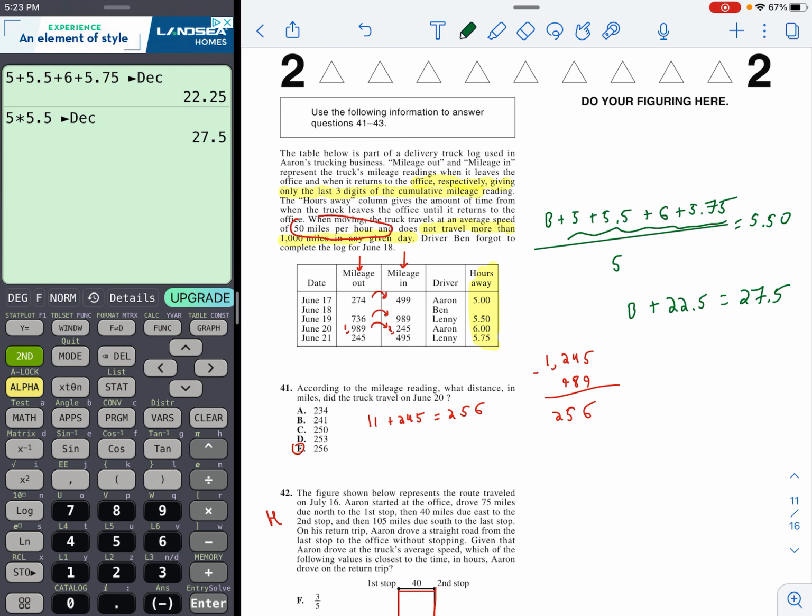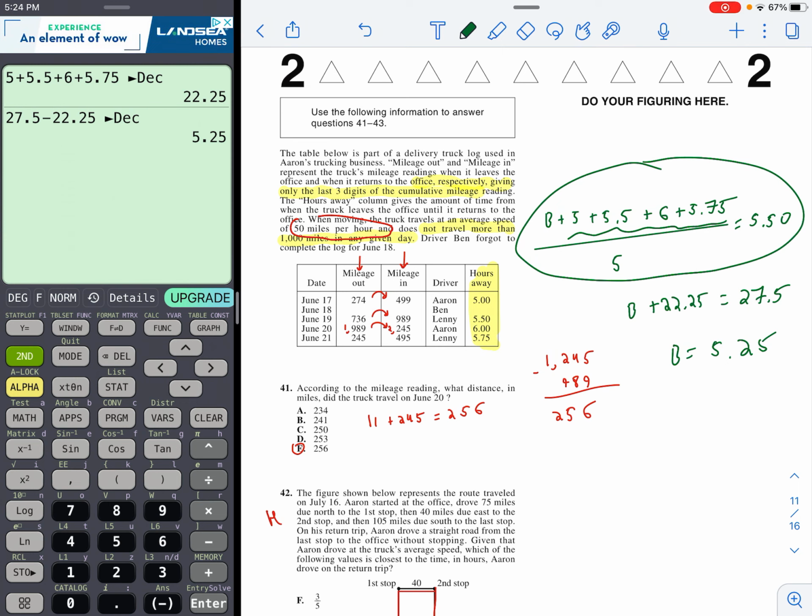Well, sorry, I got this one wrong when I did the actual test because I did the same thing here. This is 22.5. I don't know what it is about that made me do that. And again, I think it's because it's 22.25, something weird about it. When you subtract those, 27.5 minus 22.25, we'd get here 21 over 4. We'd get that Ben has to have driven 5.25.